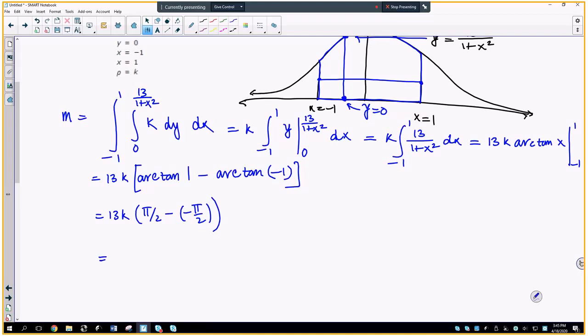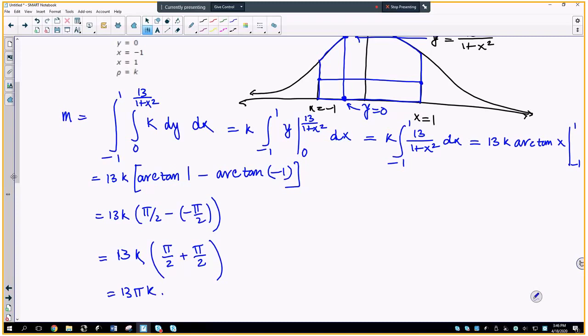So I get 13k times pi over 2 plus pi over 2, which is pi, and hence the mass is 13 pi k.